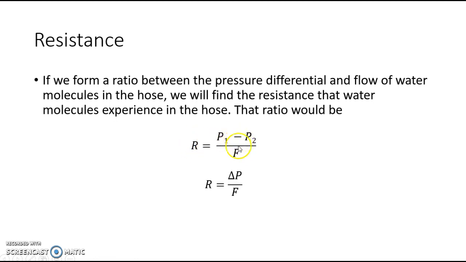So in other words, if the flow rate decreases, that means the resistance that the water experiences will actually increase. Okay, so that kind of gives you an idea as to why this is a good equation for the resistance that the water molecule will experience within the hose.